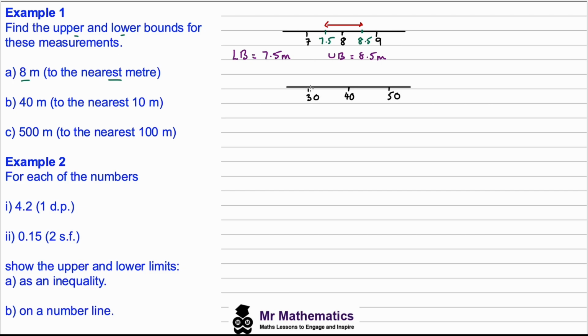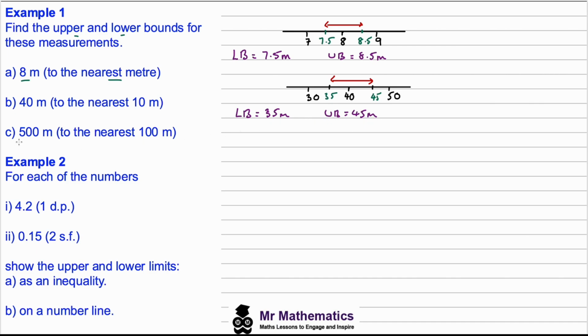And we're looking at the numbers halfway between these two. So we're looking at 35 and 45. And then to be rounded to 40, it must be between the 35 and 45. Okay? So our lower bound will be 35 meters, and our upper bound 45 meters.